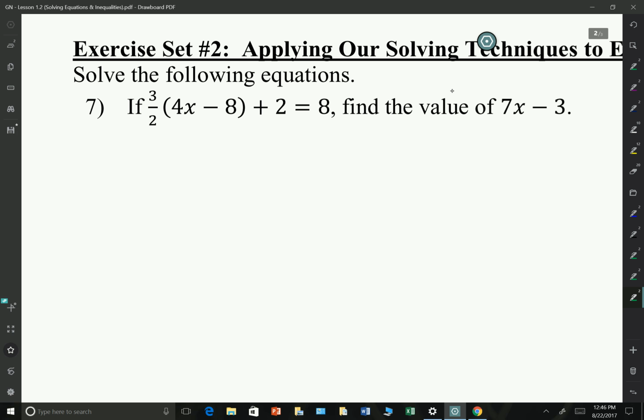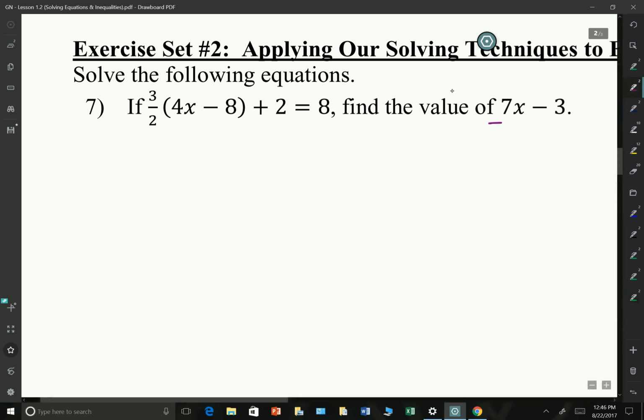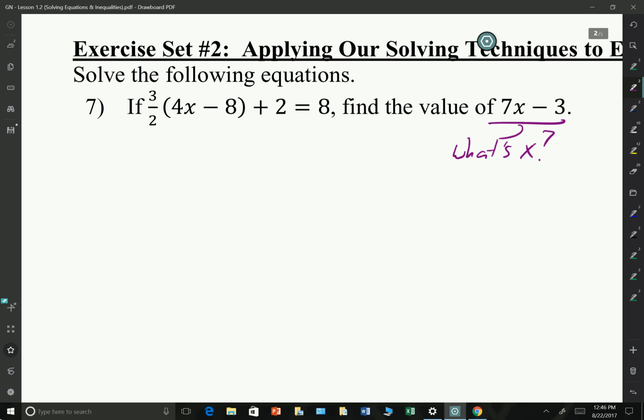So to do this, I need to know what x is. If I want to find 7x minus 3, I just need to know x. Well, how do I find x? What do I do here?